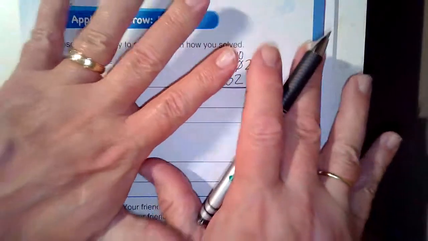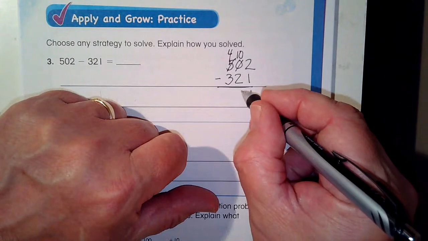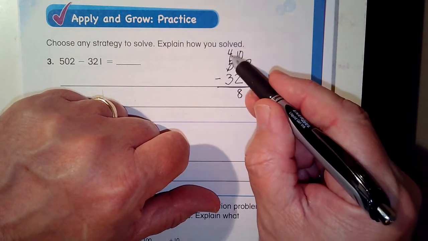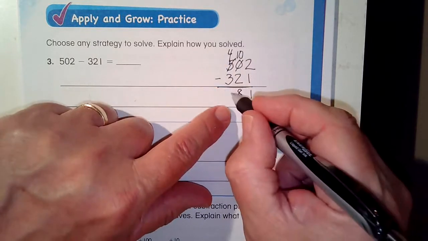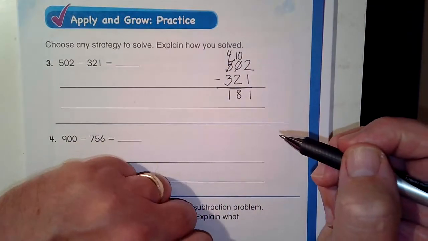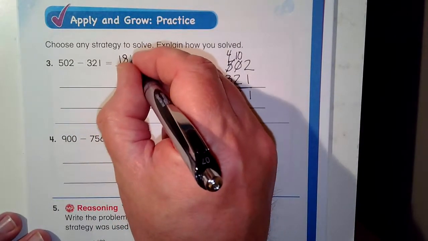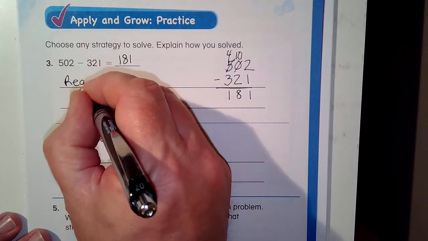If I have 10 tens, I can take away 2, and we all know that 10 minus 2 equals 8. Now I have 4 hundreds, and I'm going to take away 3 hundreds. I count back, I get 181. Okay, and I regrouped.